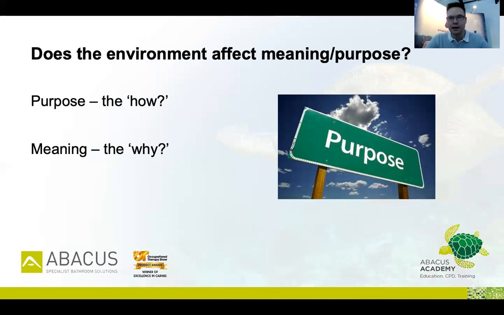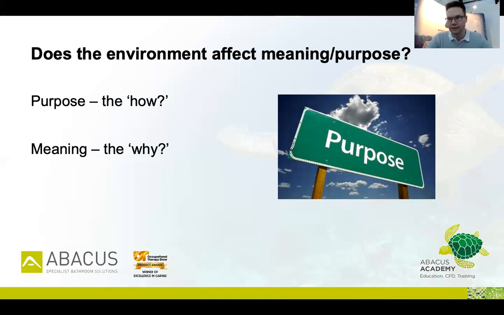I'd give an example of, say, a kitchen assessment in a home environment. And I know we have that age-old, they got me to make a cup of tea. And I'm not trying to be facetious about it at all. But my question, and to reflect on it, is: is that purposeful or is it meaningful? Just because somebody does it at home, they make themselves a drink, it doesn't make it meaningful.